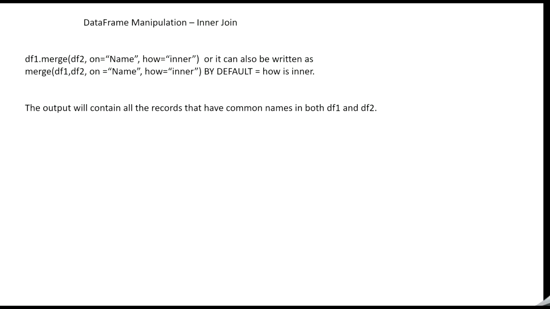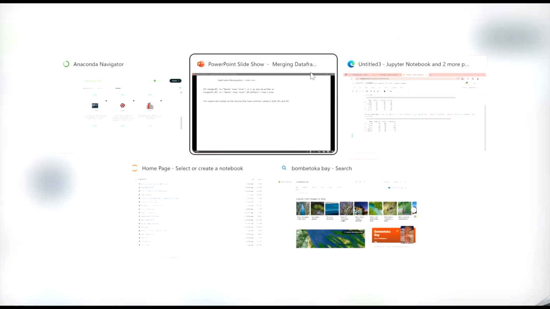Now over here, if I don't give any how value, if I just give till here df2 on equal to name, I don't give any how value, then by default it will take how is inner. So now let's look into it practically.